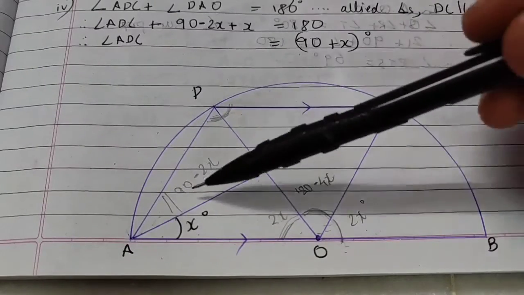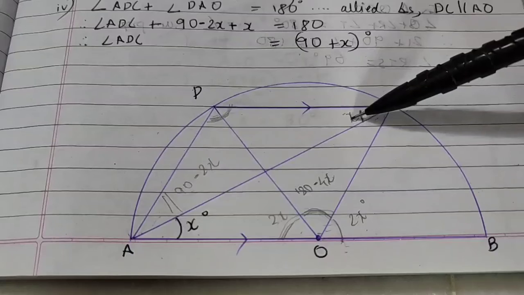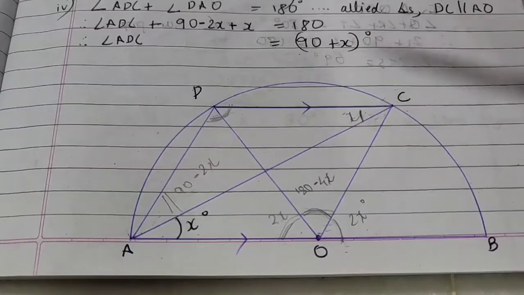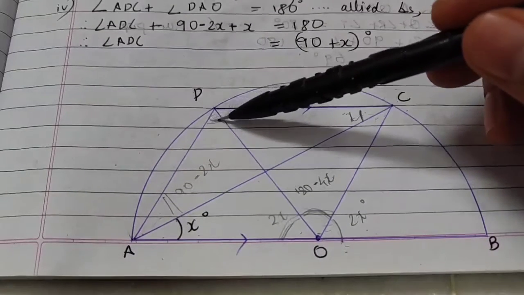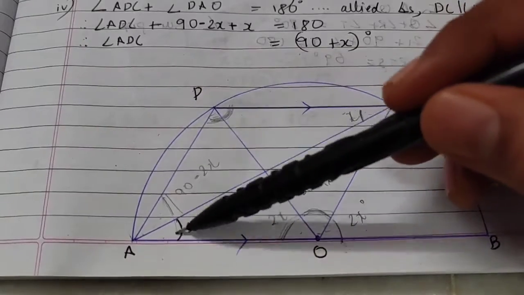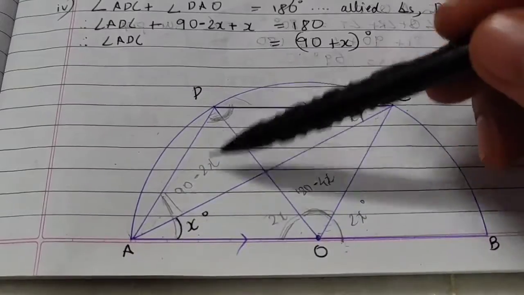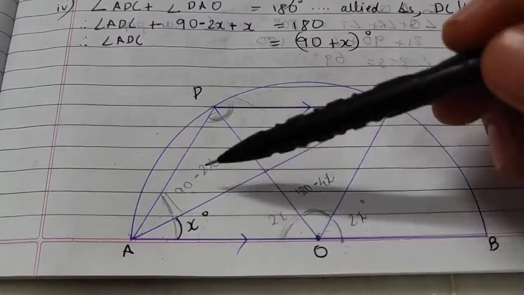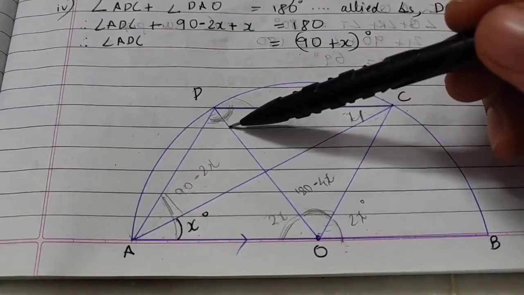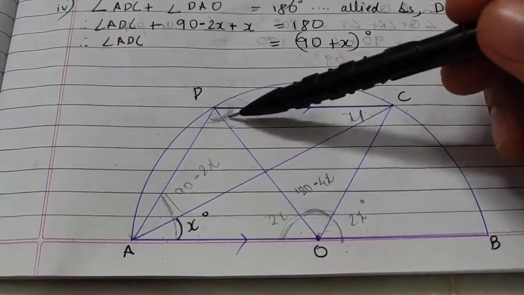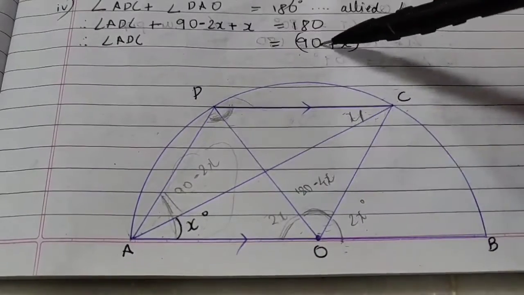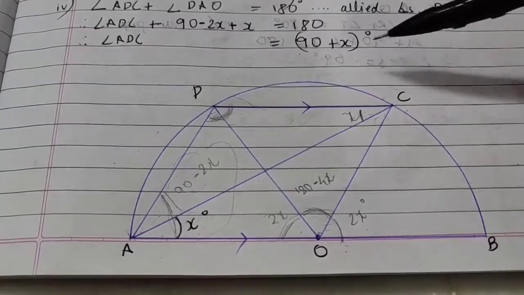That'll work, because this plus this plus this is 180 degrees. Another option. How about this entire angle plus this entire angle is 180 degrees, because they are forming a C. So they are co-interior or allied angles between two parallel lines, and so their sum should be 180. So by that logic, this will be 180 minus the sum of this. And this will be the answer, 90 plus x degrees.